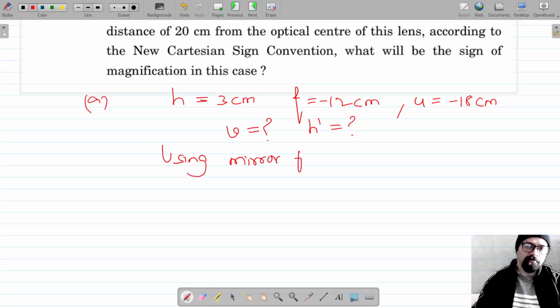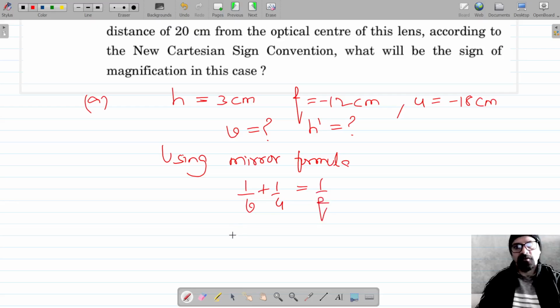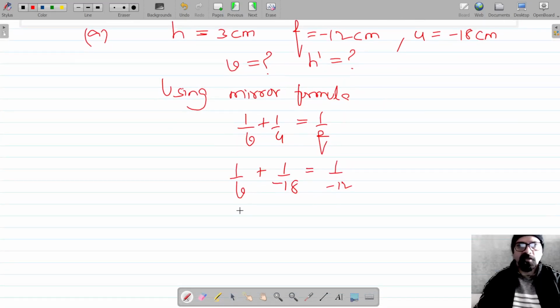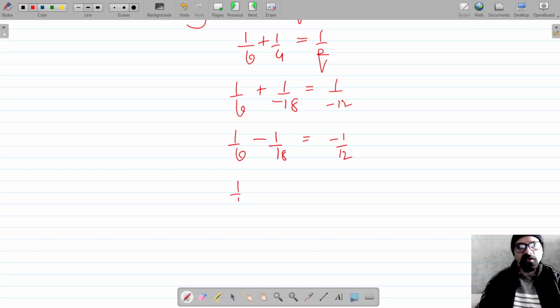Using the mirror formula, 1 upon v plus 1 upon u is equal to 1 by f. We have to find v. u is negative 18, f is negative 12, so this is also minus 1 by 12, and 1 by v is equal to negative 1 by 12 plus 1 by 18.